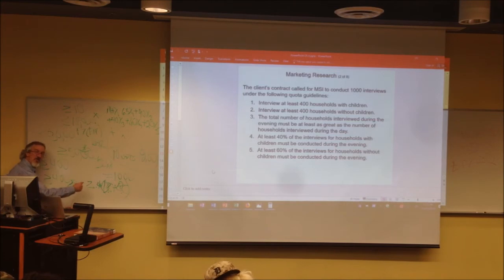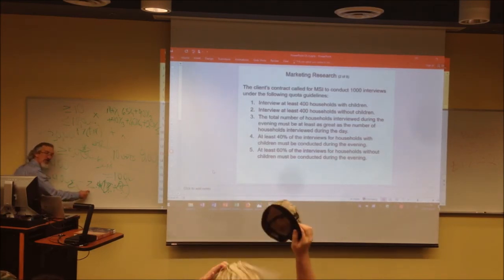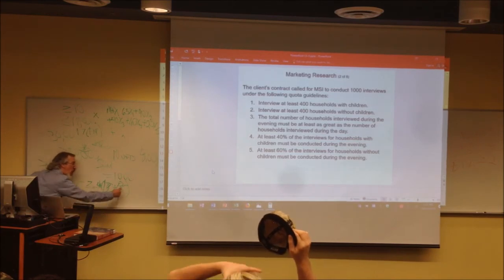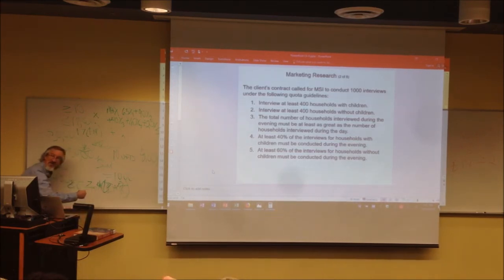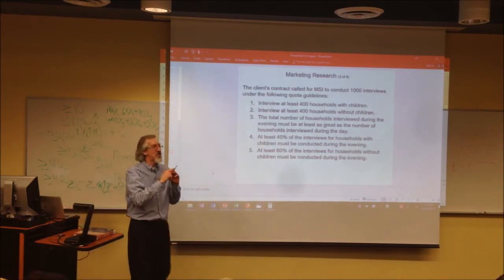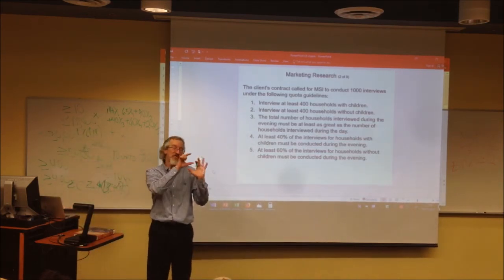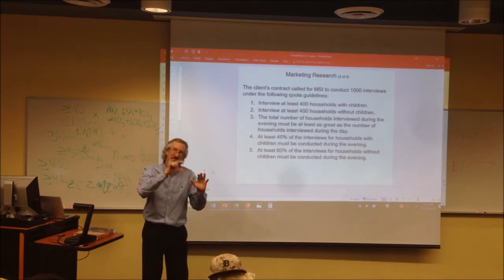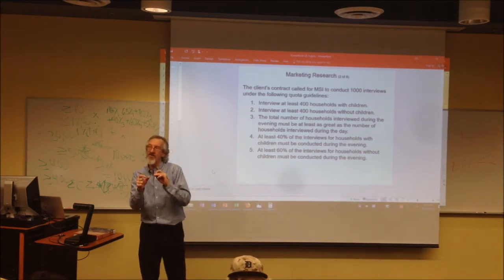The evening with children interview amount, however many you're doing here, has to be greater than or equal to 40% of all the with-children interviews. See how I came up with that? I suggest it makes it as easy as possible if you just follow the way it reads and count the word of as multiplication.